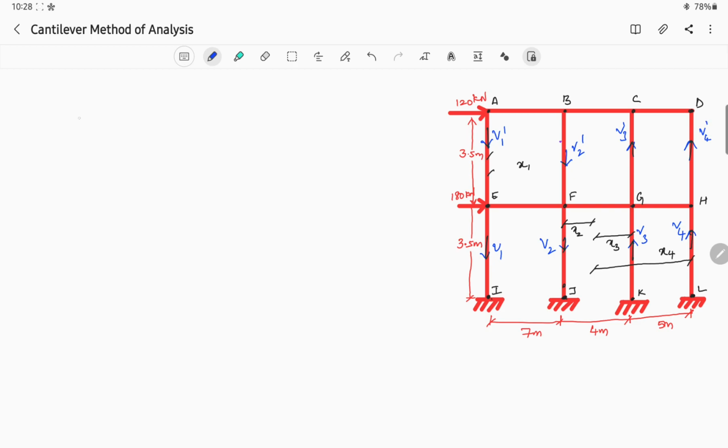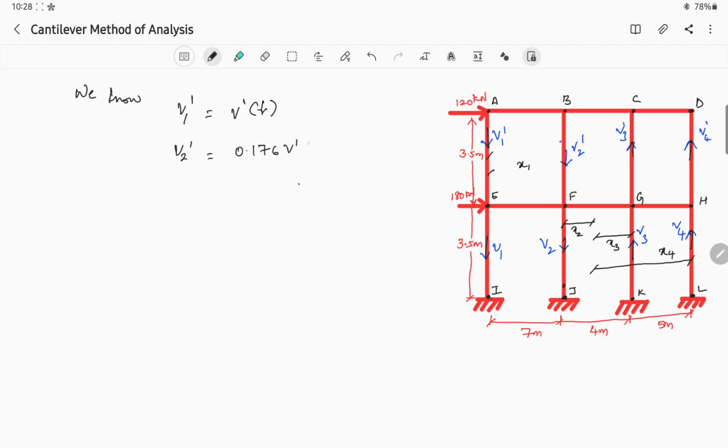I'll name it here, and we know that V1 dash is equal to V dash, which is going in downward direction. I'm taking the same values and the same steps which we followed for the first story.